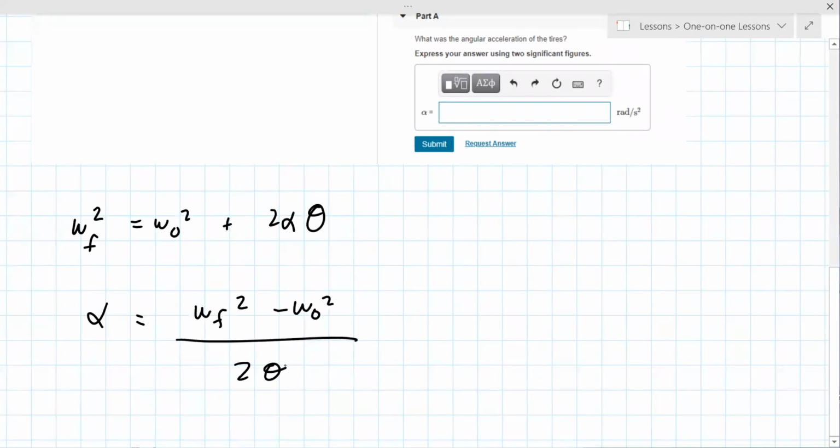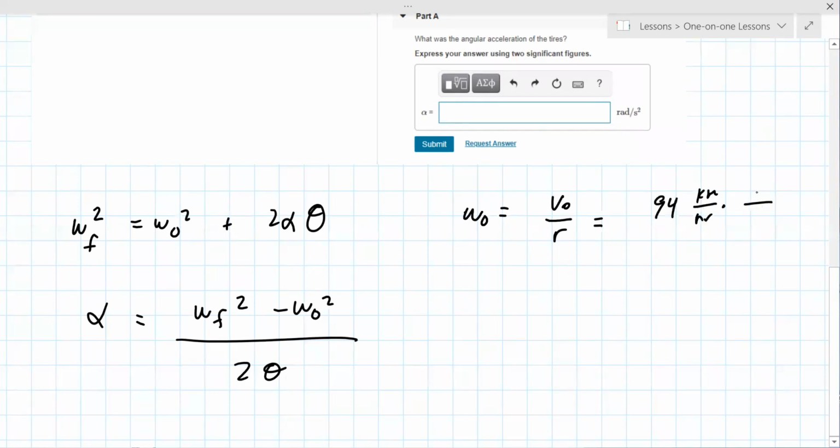So okay, great, Matthew, what does that mean? Well, it means we have to find a bunch of these things. We can start with omega initial, which is v initial over r. The initial velocity is 94, but it's in the wrong units, kilometers per hour, so we have to convert.